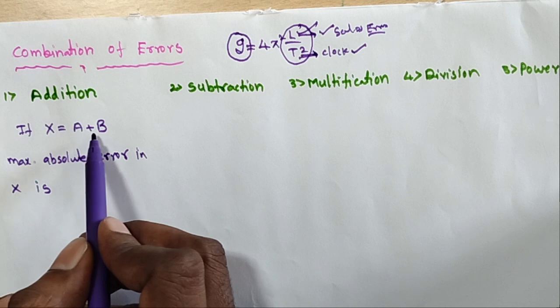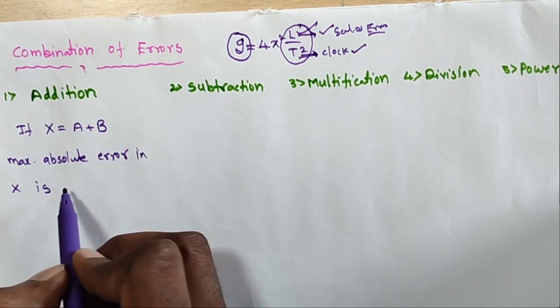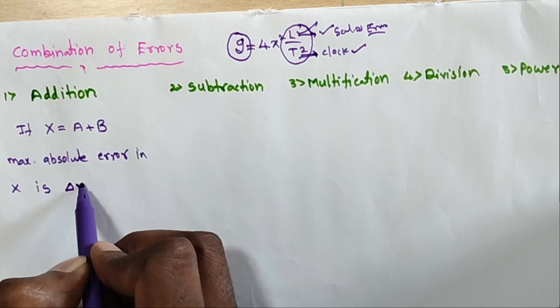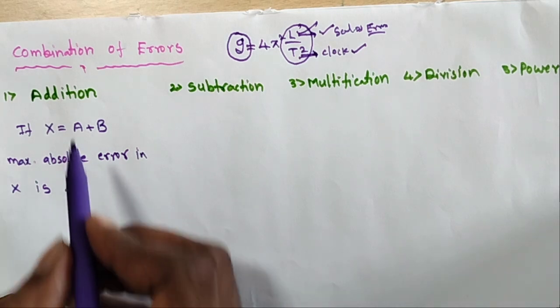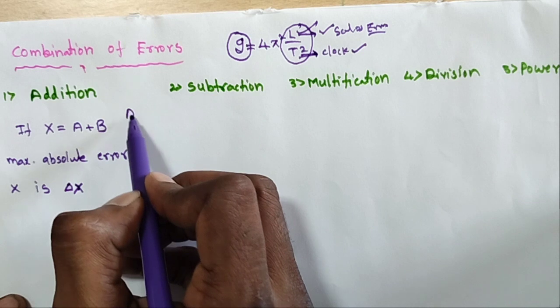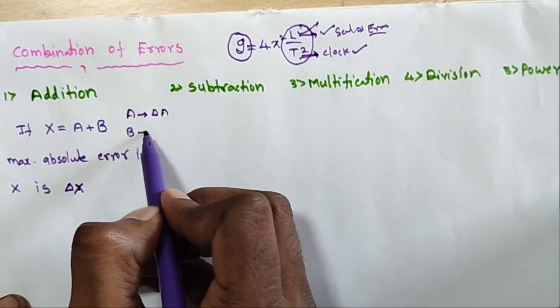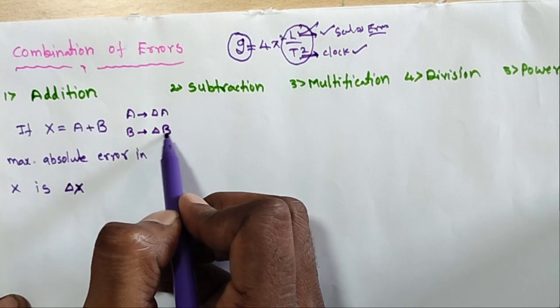The maximum absolute error means delta X.